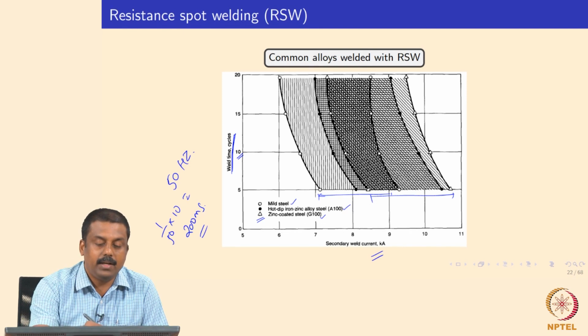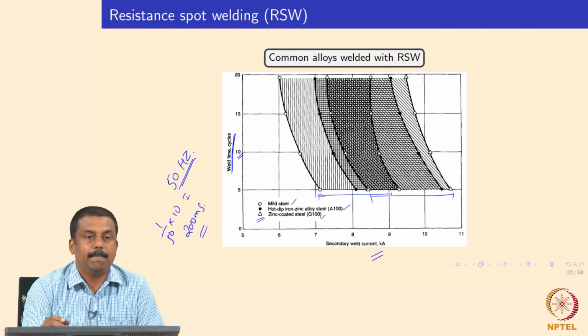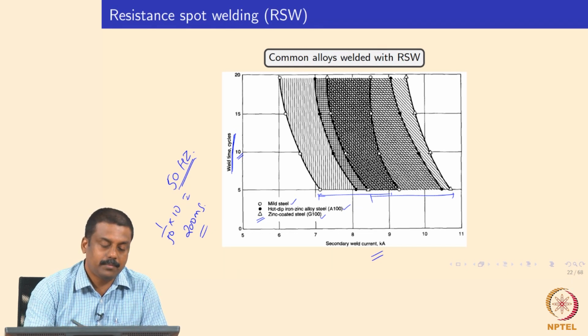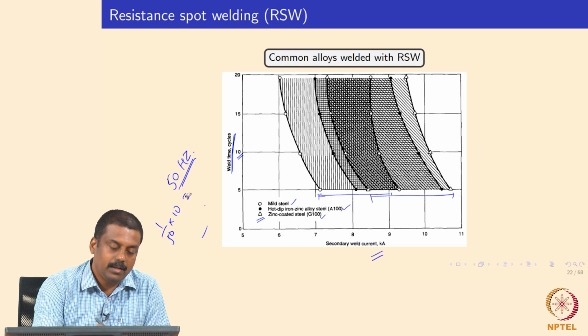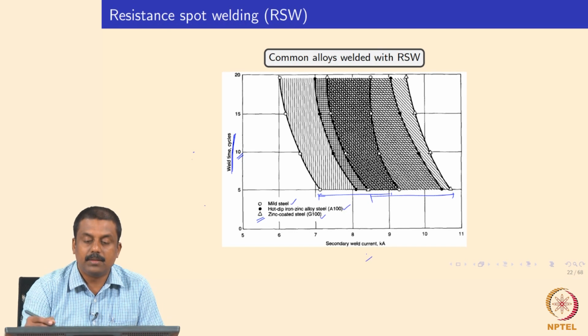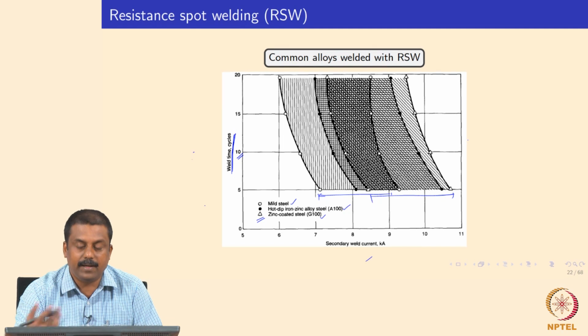So generally we mention the welding time in cycles for a fixed frequency of the current we use. Generally if you use 50 hertz AC, then you mention 10 weld cycles. Similar weld growth curves can be generated for a material.